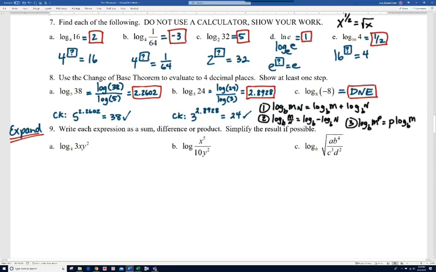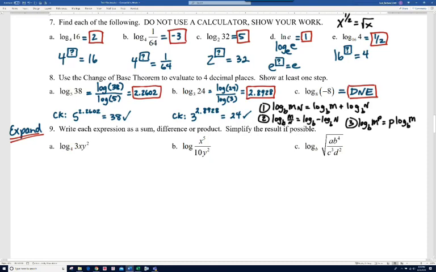I'm going to go ahead and put these up here. The first one is the product rule, because the log of a product is equal to a sum of logs. The second one is called the quotient rule, because the log of a quotient is equal to a subtraction or a difference of logs. And the third one's called the power rule, because we're taking the log of some base to a power, and we can move that power out front.